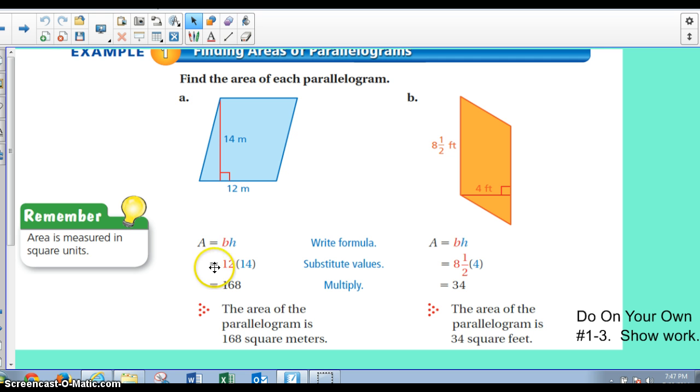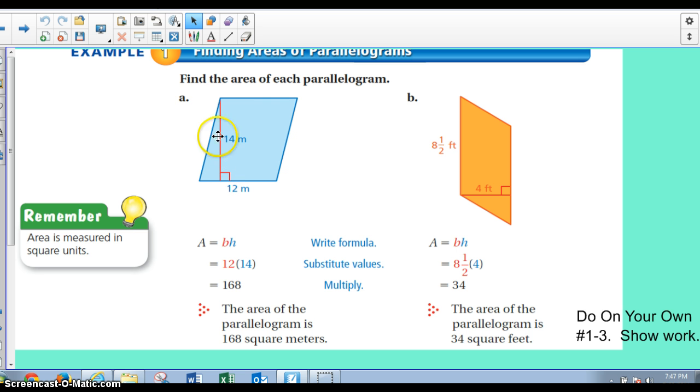So filling in for area, that's what we're trying to figure out. Base is 12 and height is 14. Notice this is not the height. The height starts wherever you can make a right angle.